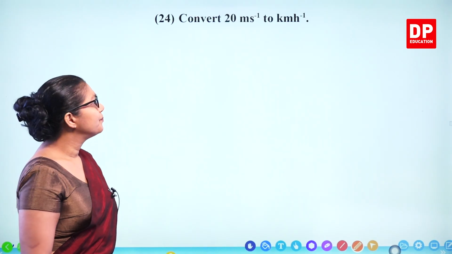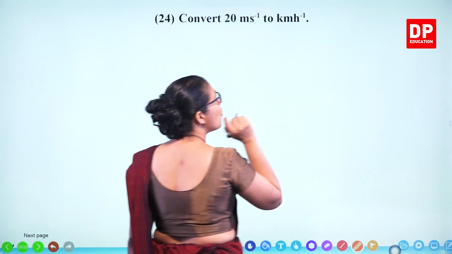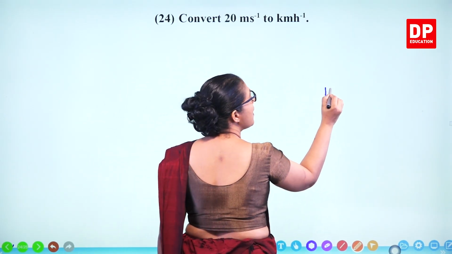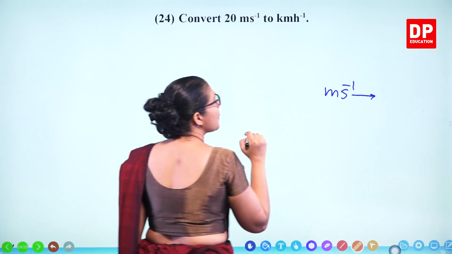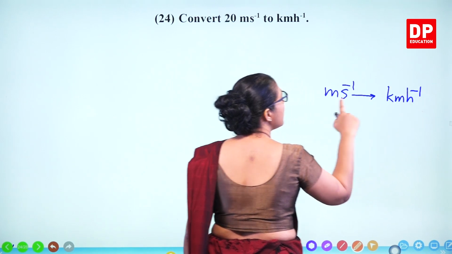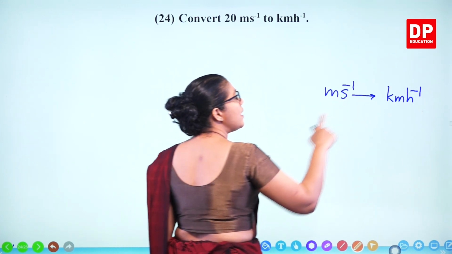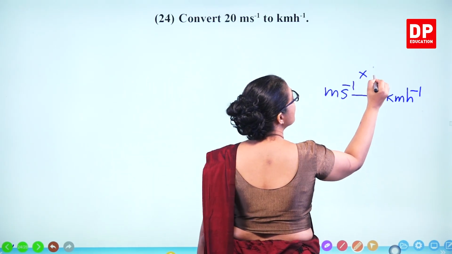Question number 24. Convert 20 meters per second to kilometers per hour. Can you remember? We did this one straight away. What's the coefficient we are multiplying? Meters per second to kilometers per hour, we need to multiply by 18 over 5.